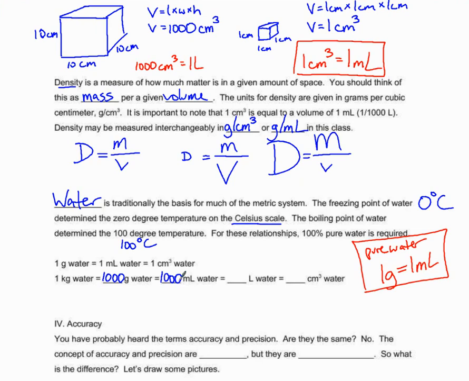In terms of liters, 1,000 milliliters is 1 liter of water, which we also determined was 1,000 cubic centimeters. And so you can see all these relationships based on water, and they are all based on powers of 10. You've got 10 to the 0, 10 to the third, 10 to the third, 10 to the 0, 10 to the third.